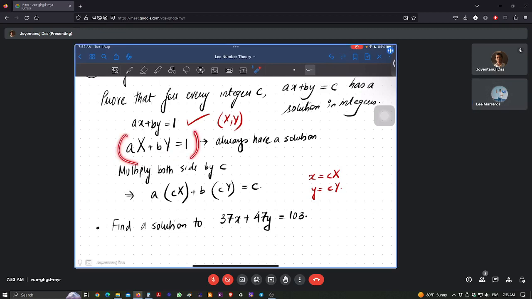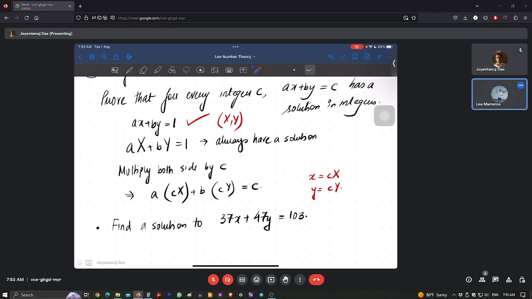If I multiply the whole equation by c, it is still true, so I am multiplying both sides by c. It becomes a times cX plus b times cY equals c. So for the equation ax plus by equals c, my solution is cX and cY. Okay, you're just multiplying both sides, and they remain equal.